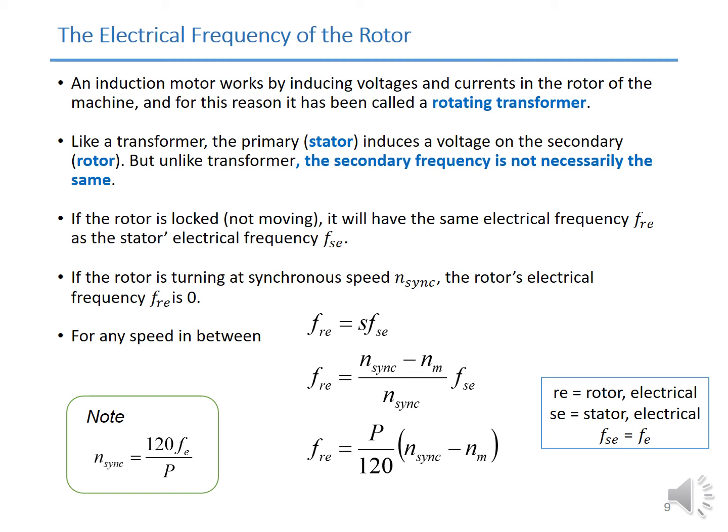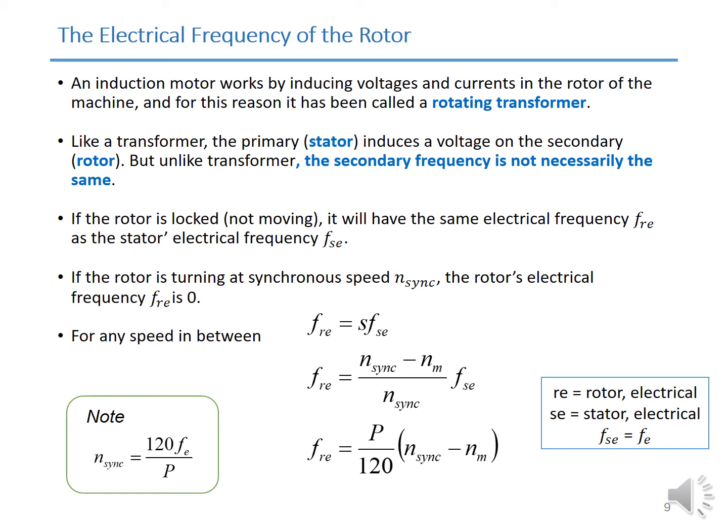For any speed in between, the frequency of the rotor will be equal to s times f_e, where s, if you remember, is the slip of the rotor. So from here you can see that the frequency is a function of the slip, and in other words, a function of the speed of the rotor.